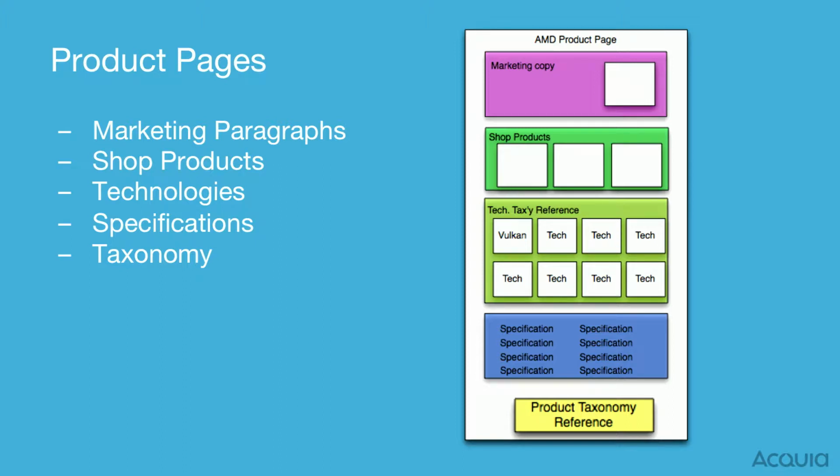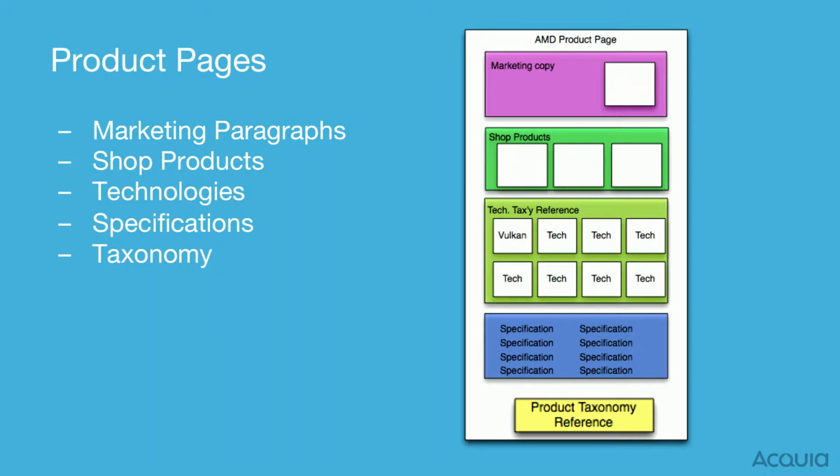The first thing we've got listed on these are the shop products, and Andy's going to talk in a lot more detail about these, but this is where you can click through to an actual retailer to purchase something. And then we have the taxonomy for the technologies, basically displaying those teaser tiles that we showed before.